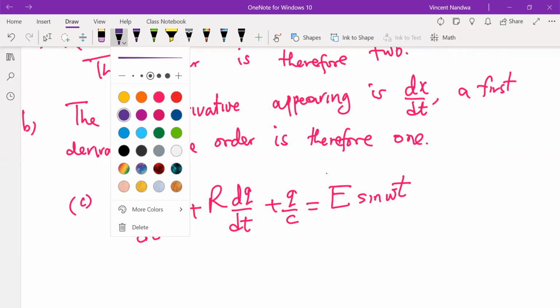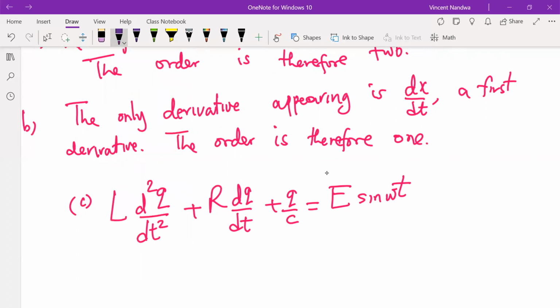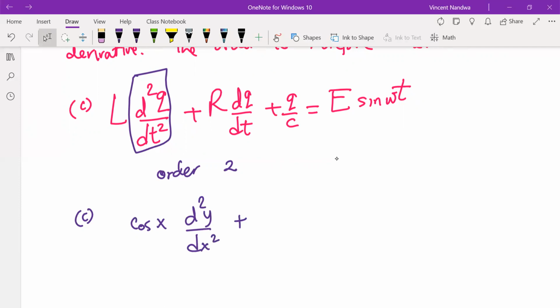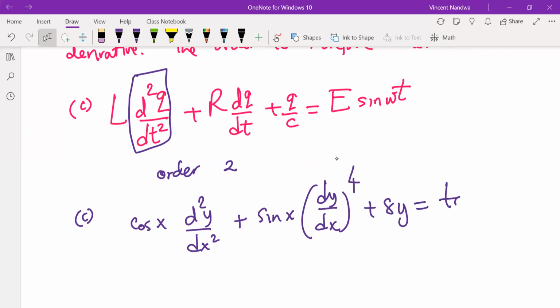Now, since the highest derivative is of order 2, this is also of order 2. And then if we have cos x d squared y/dx squared plus sine x (dy/dx) to the power 4 plus 8y equals tan of x.